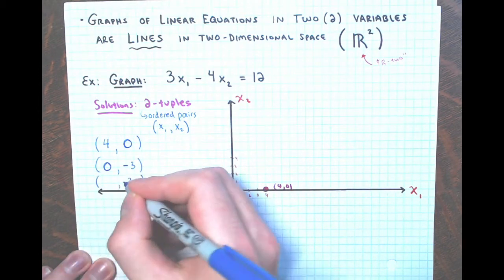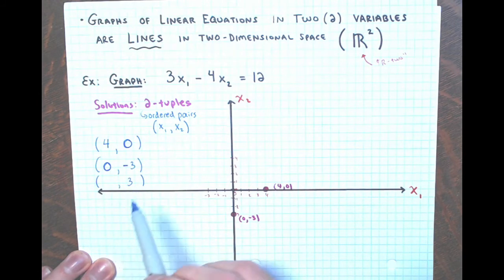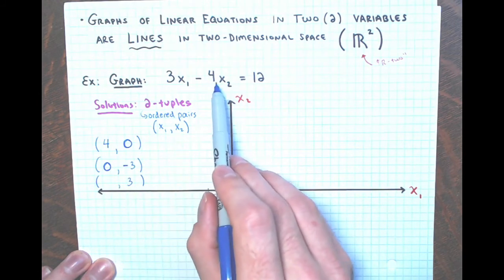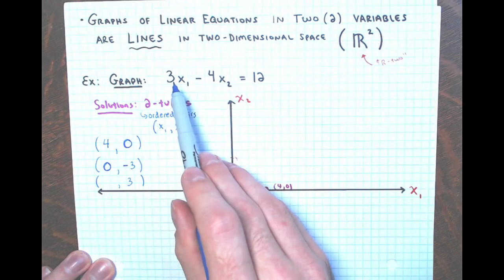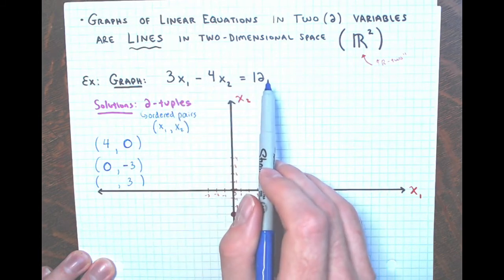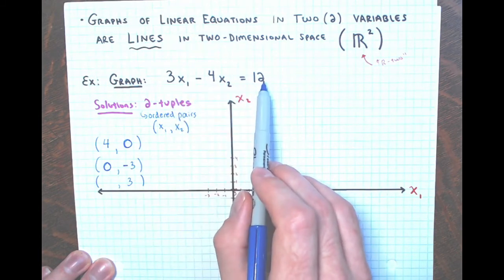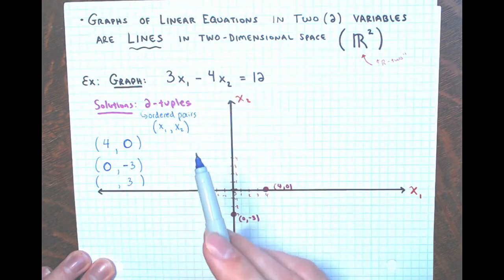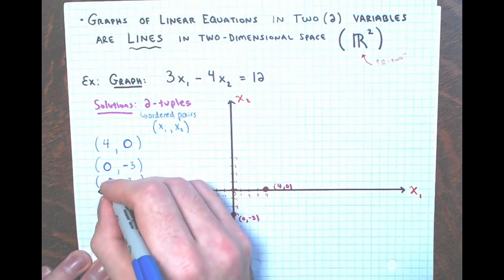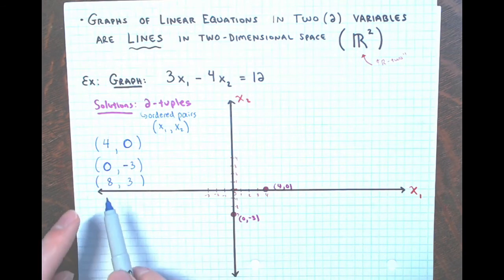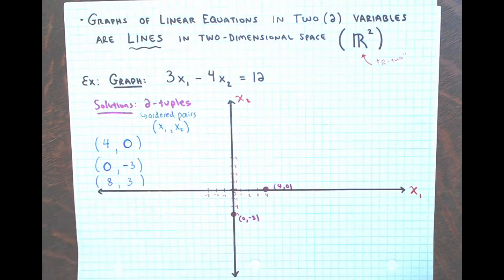Positive 3 this time, instead of -3. That'll make this -12. I'll have 3x1 minus 12 equals 12. Then I would add 12 to make 24. 3x1 equals 24. Then divide by 3. x1 equals 8. So x1 is 8, x2 is 3. And I'll plot that.